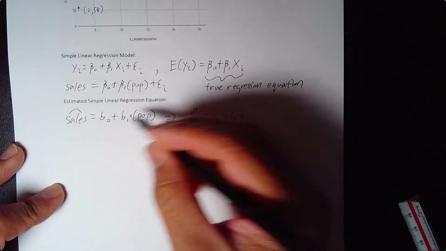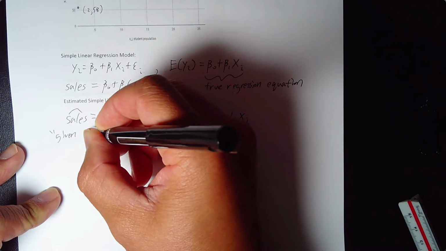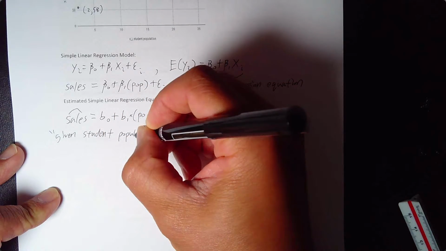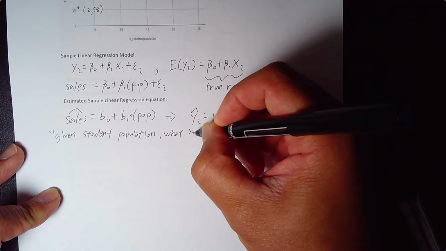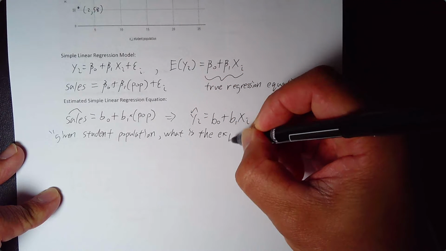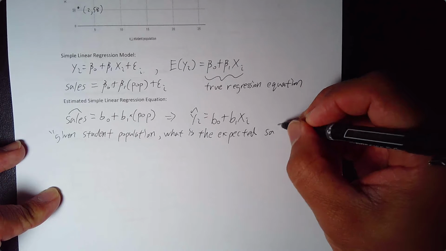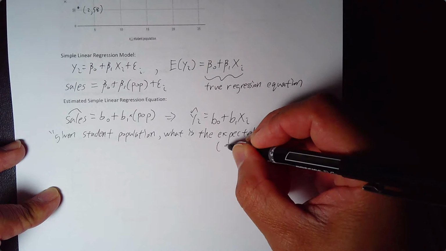The way we read this is: given the student population, what is the expected sale? We're going to use the word expected and average interchangeably.